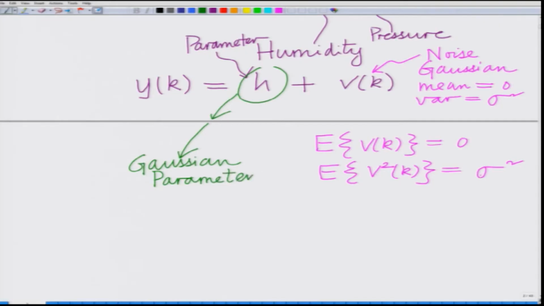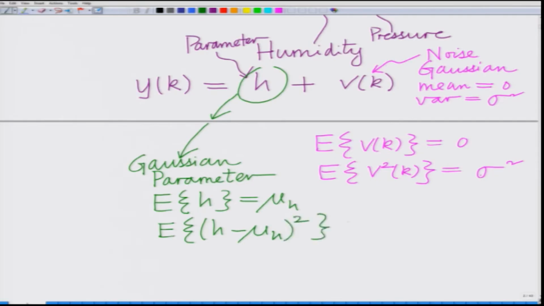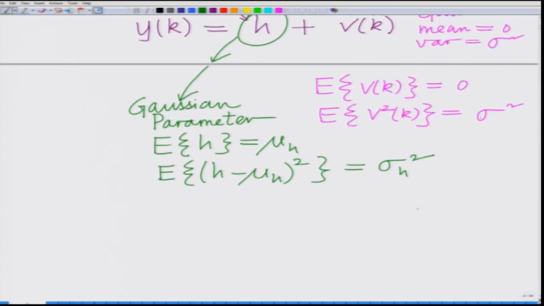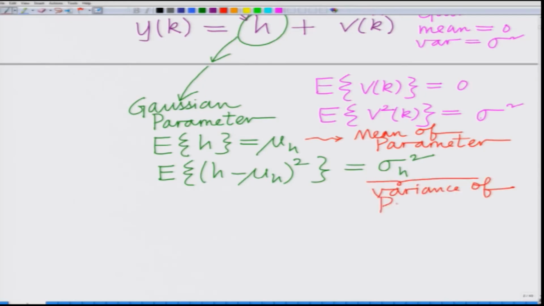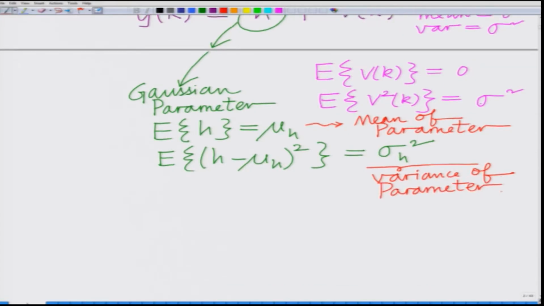So, h is a Gaussian parameter, everything is Gaussian, with expected value of h equal to mu_h, and expected value of (h minus mu_h) squared equal to sigma_h squared. Here mu_h is the mean of the parameter, and sigma_h squared is the variance of the parameter.